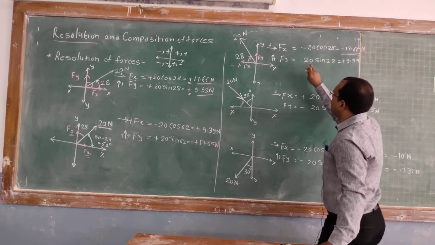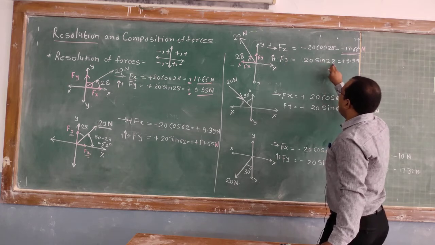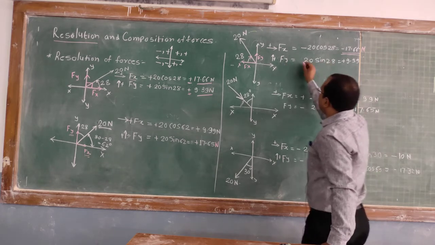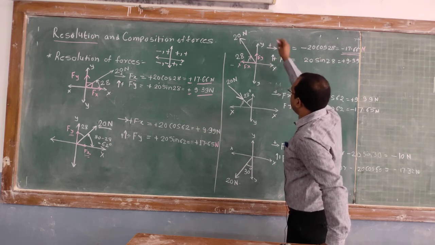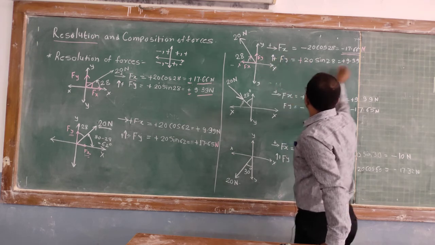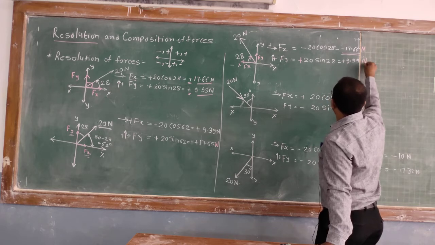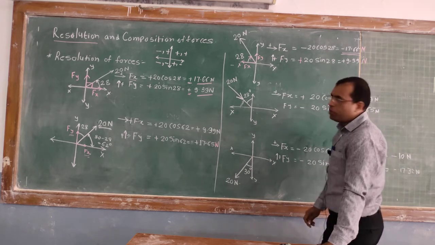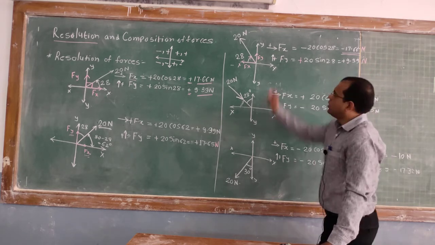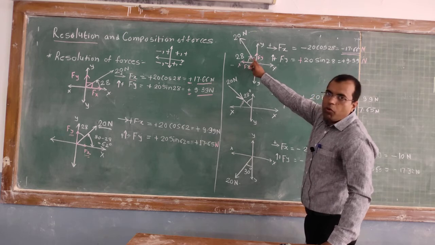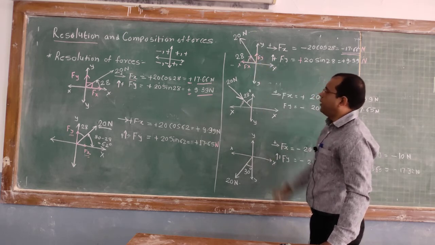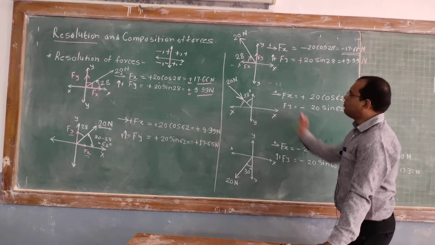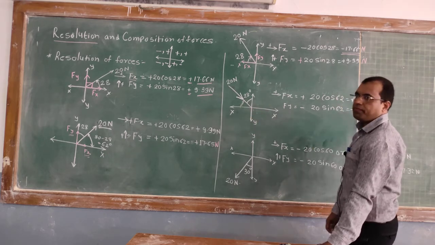Therefore f of y is equal to 20 sine of 28. Whether it is positive or negative, we have assumed upward is positive, therefore it is positive. So the answer is 9.39 Newton positive. Okay, so this is for the case when the force is in the second quadrant and the angle is with respect to horizontal.